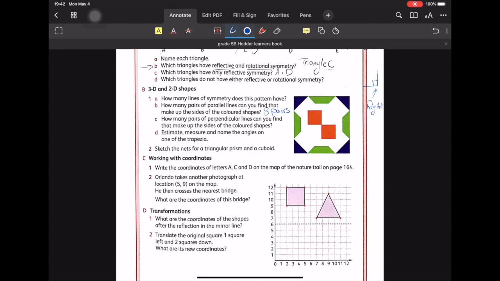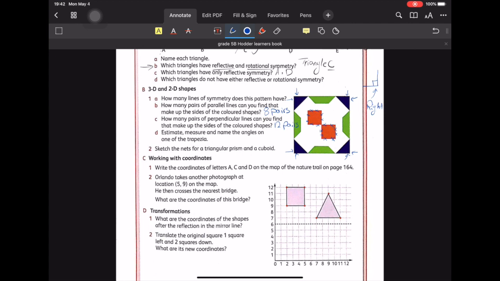This side and this side, they are making a right angle. 1, this one and this one, 2, 3, 4, 5, 6, 7, 8. This one and this one, 9, 10, 11, and 12. So we have 12 pairs.